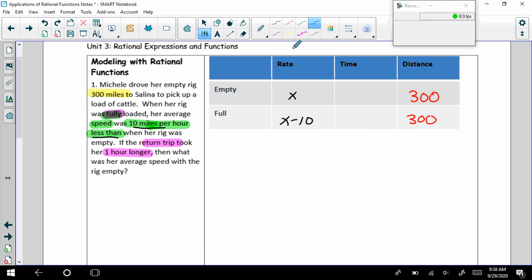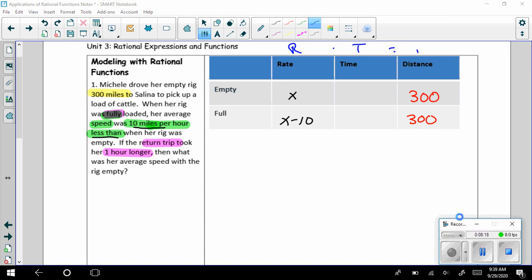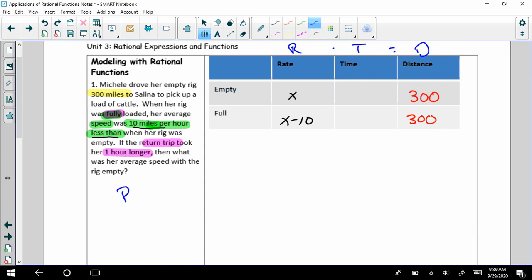Okay, so since rate times time equals distance, we can also say that distance divided by rate is equal to time.